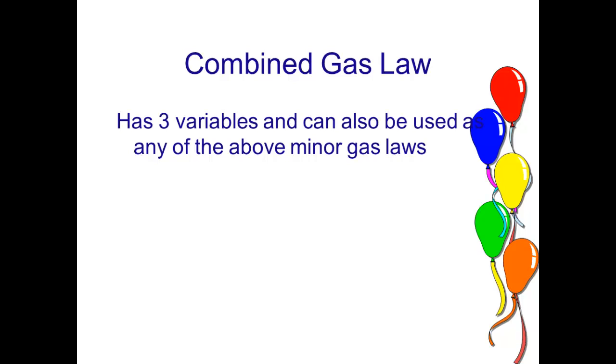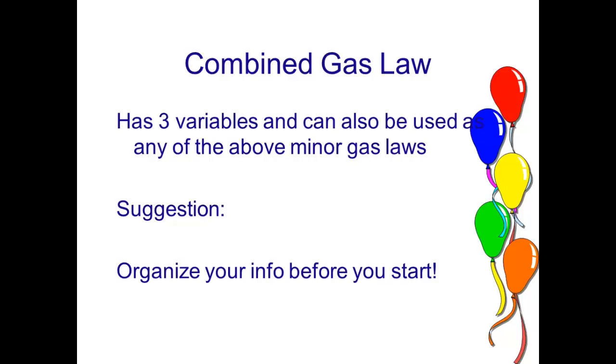Speaking of the need to organize more things, there's three variables. You could also use this equation as any of the three minor gas laws that we already talked about, Boyle's, Charles', or Gay-Lussac's. They would work for any of those three. If, let's say, we get to the test and you forget what Boyle's law is, you can look at the combined gas law and use it the same way. But because there's so many pieces, lots of information with these, if you have not been in the habit of making a list of what you have and what you're looking for, you may find that you need to start doing that.